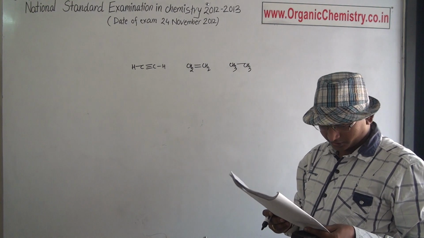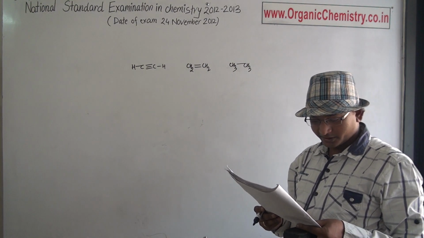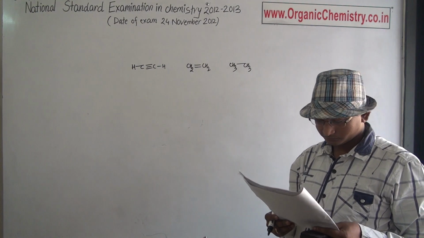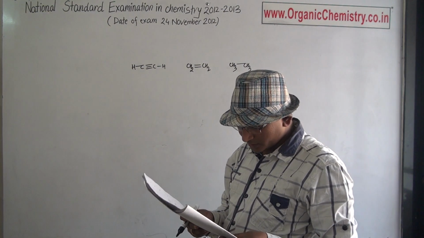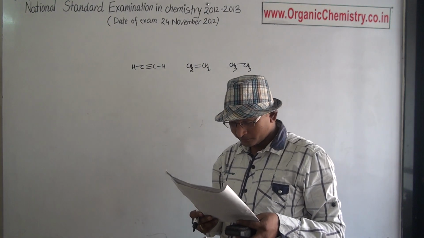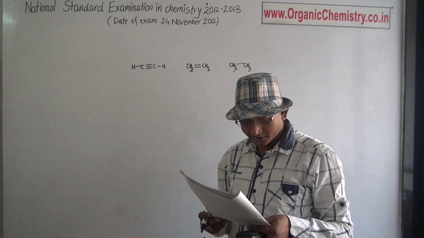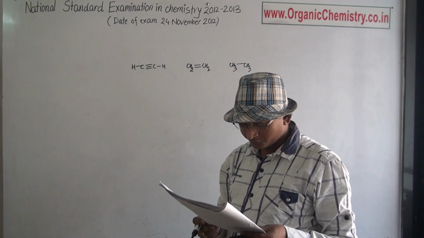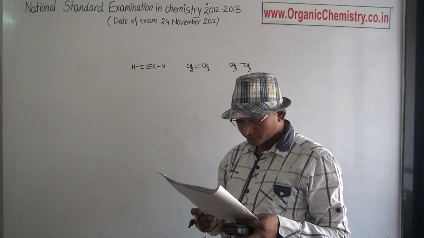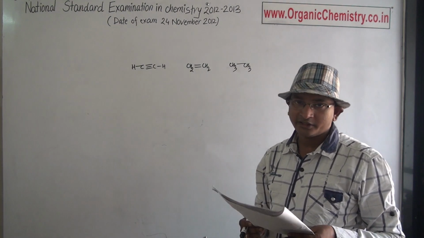First option is ethane greater than acetylene greater than ethylene. Second, acetylene greater than ethane greater than ethylene. Third, ethylene greater than acetylene greater than ethane. And fourth is acetylene greater than ethylene greater than ethane.